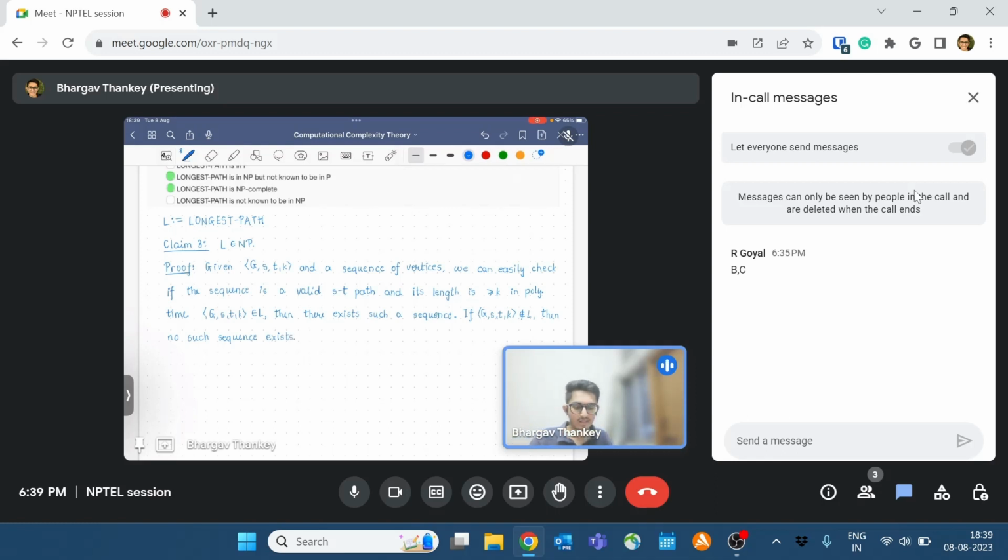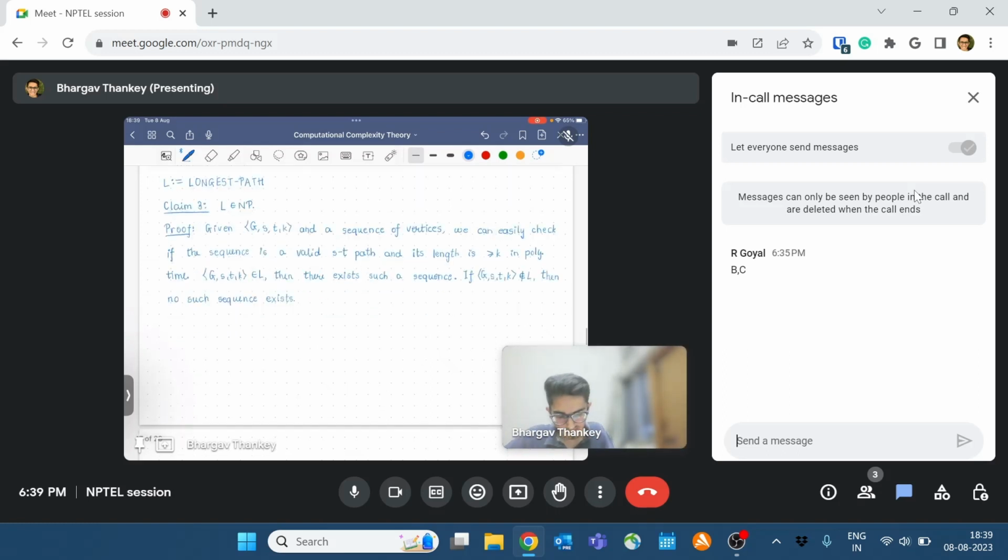So an algorithm that takes G, S, T, K and a sequence of vertices and checks if that sequence is a valid path of length at least K is a polynomial time verifier for this language. So the language is in NP.